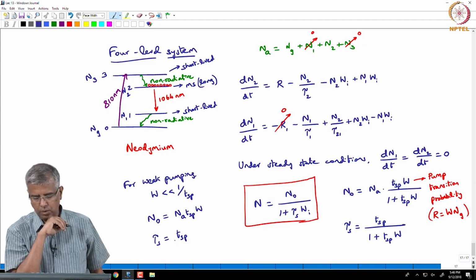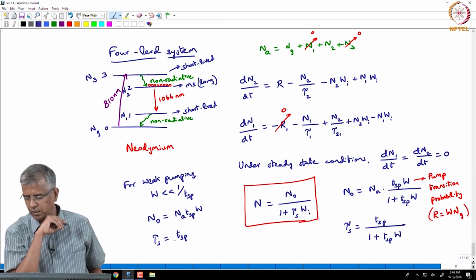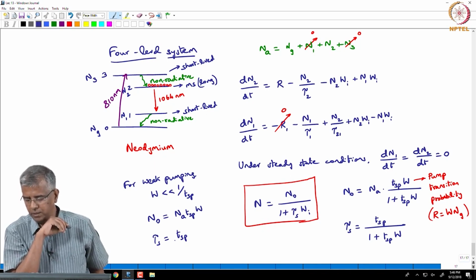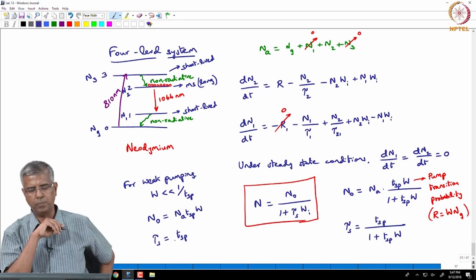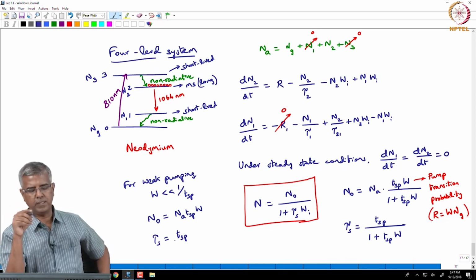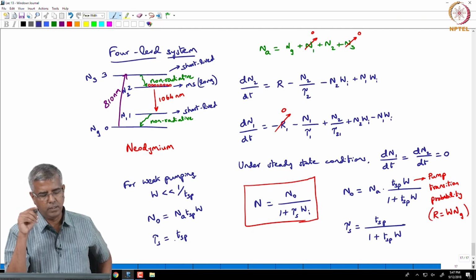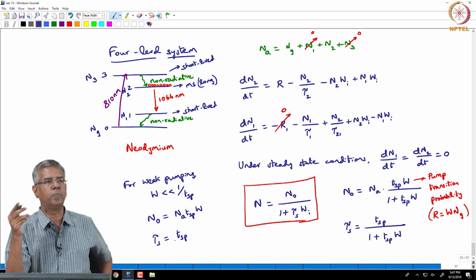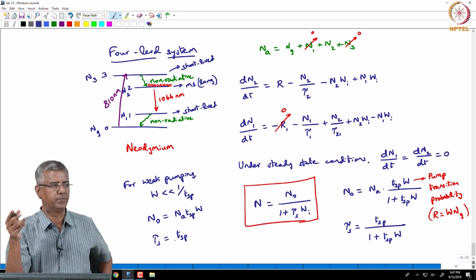Okay. So, the important thing to note here is that the inversion you get depends on the pump transition probability, but it does not depend on the number of pump photons. And this is what we were saying, that because N1 is typically close to 0, is negligible, you do not need a lot of pump photons to achieve inversion.